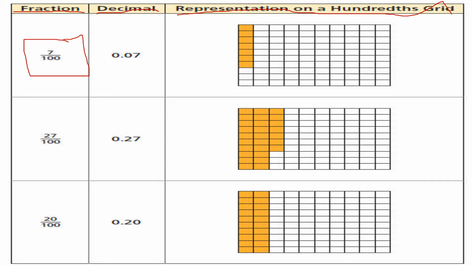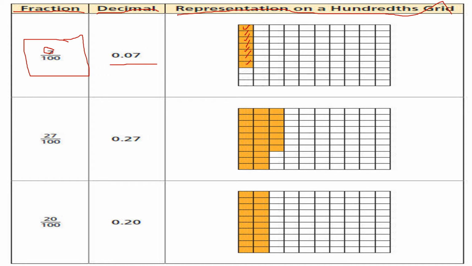In fraction, we're going to write that as 0.07. Okay, but if we are going to represent that one using grid or diagram, 7 will be the number of shaded parts. So we have here, let's count, 1 2 3 4 5 6 7.